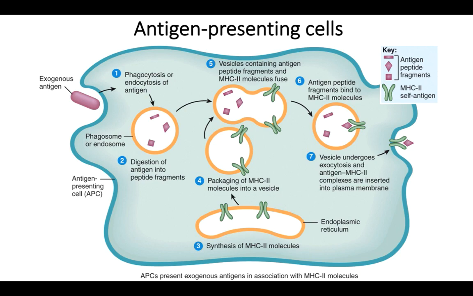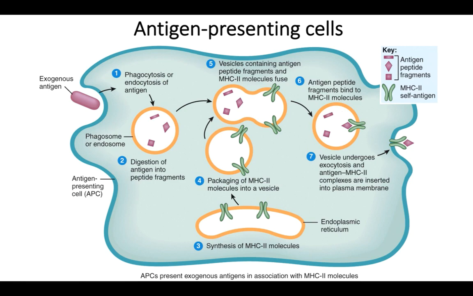So this one here is showing what we call an antigen presenting cell. This is a cell that has one of its major jobs to go around looking for an antigen, endocytosing it. These cells are typically going to be your phagocytes.